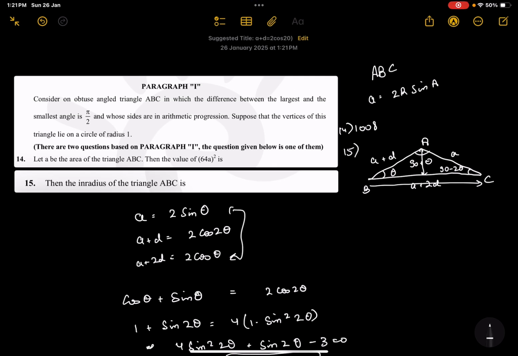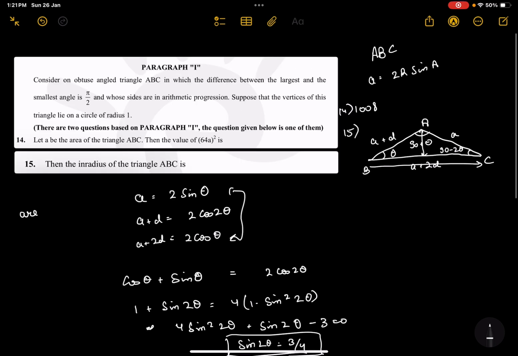So we had the area equals 3 root 7 by 16, and we also have that area is half r into a plus b plus c, or rather we can say the area is s r.